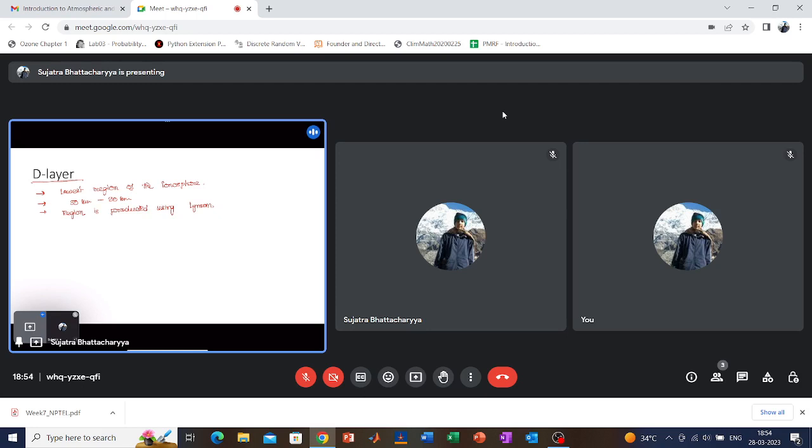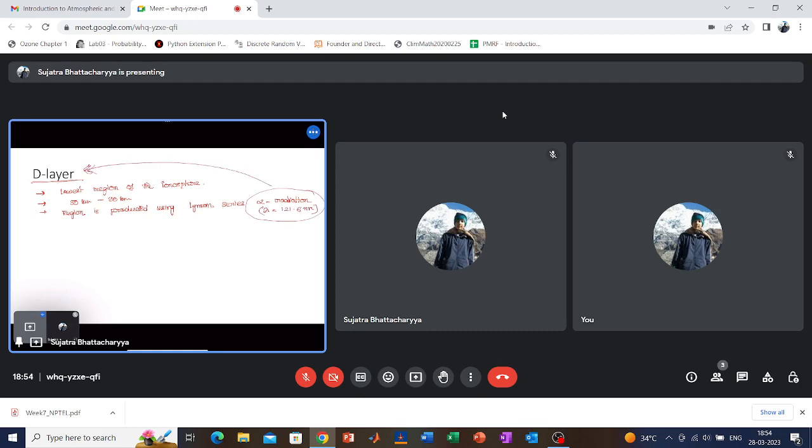So Lyman series alpha radiation, as we all know, with a wavelength of 121.6 nanometers. This is written in the NPTEL slides also. So through this radiation, the D layer is created.